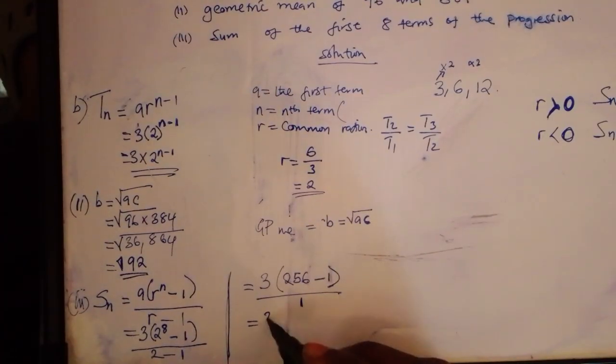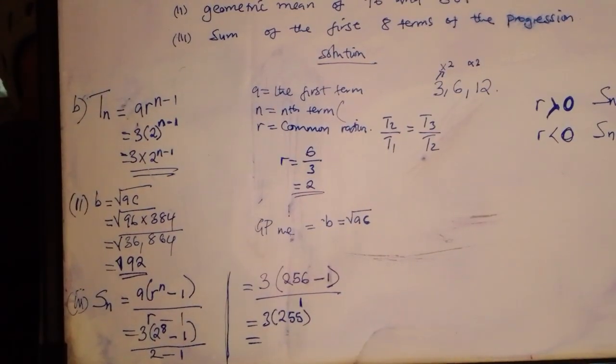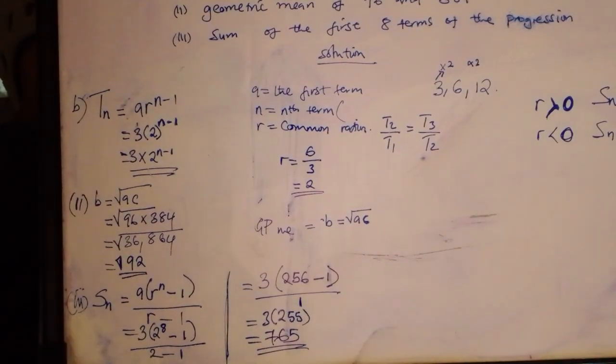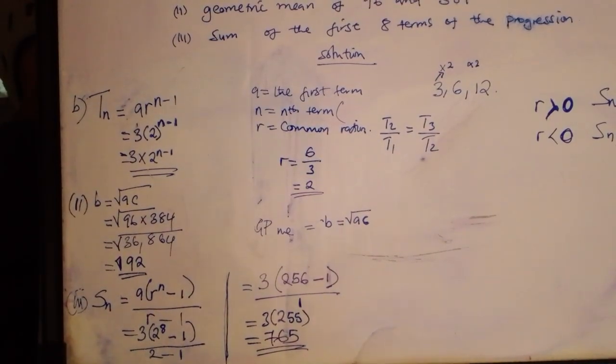Then 3 multiplied by 255. What is our answer? Our answer is 765, which is the sum of the first 8 terms.